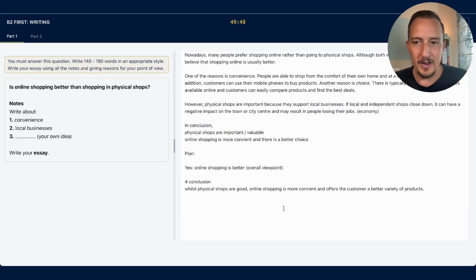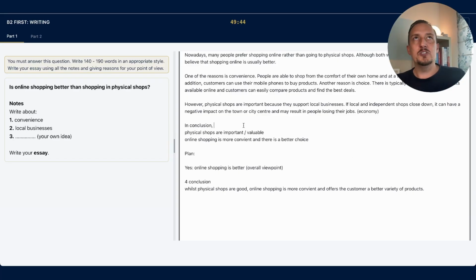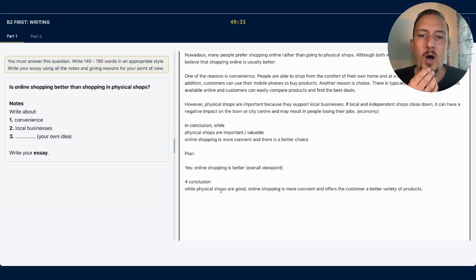That's absolutely fine. Don't forget the comma after it. So we want to introduce a contrast. So why don't we use the word while? We've used that here. We use whilst, same thing. We use while. So we said while shops are good, but actually we've made that a little better in terms of the vocabulary range. We're using valuable.